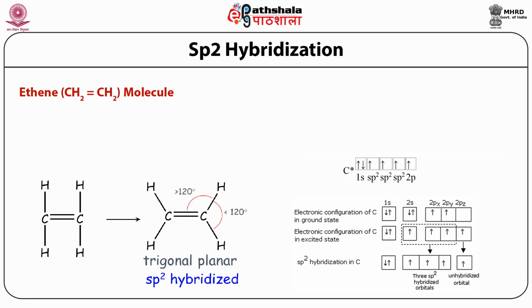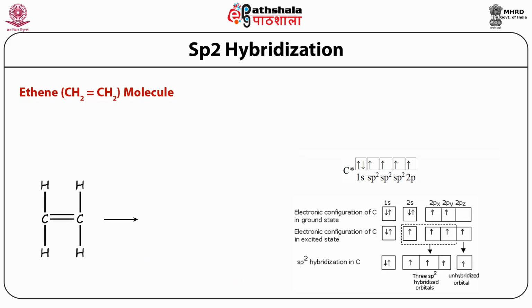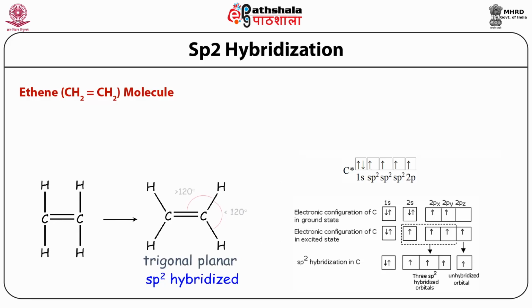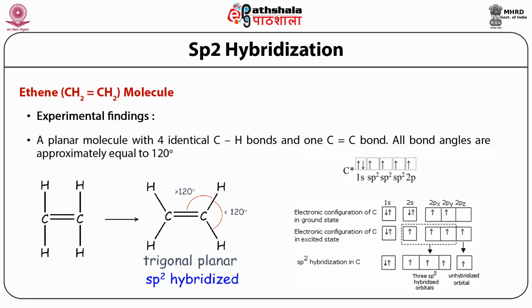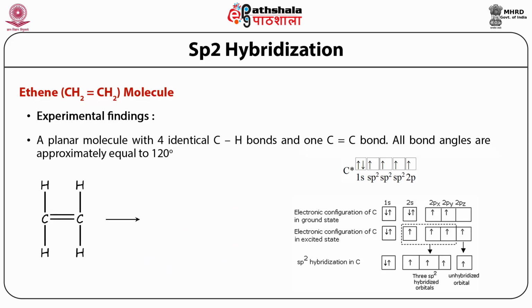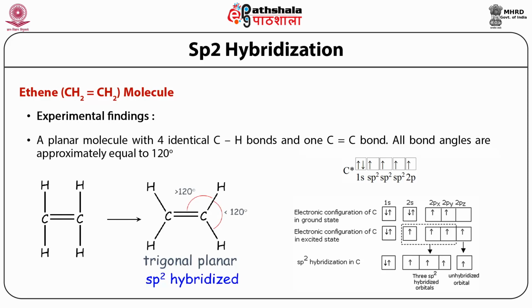There are other carbon-based compounds and molecules which have a double bond between the carbon atoms, such as ethene, that is C2H4, which is represented by CH2 double bond CH2. The experimental findings are that it is a planar molecule with 4 identical CH bonds as shown in this figure and 1 C double bond C bond, and all bond angles are approximately equal to 120 degrees.